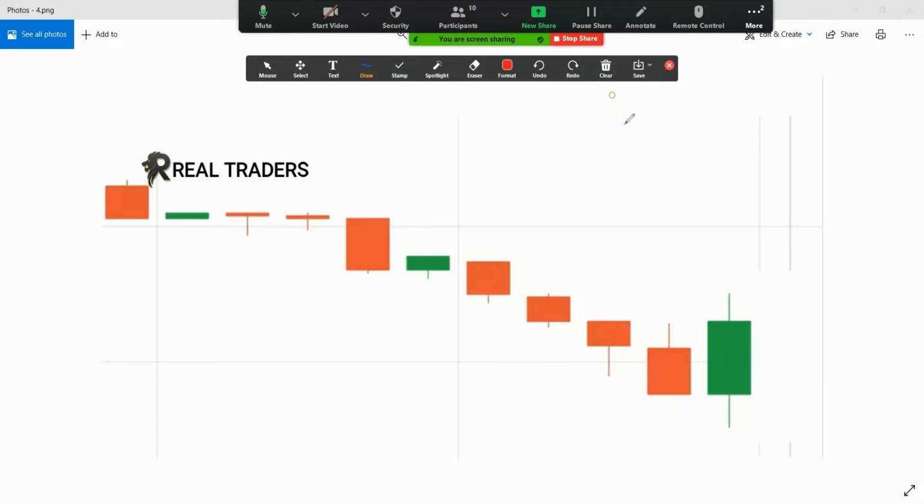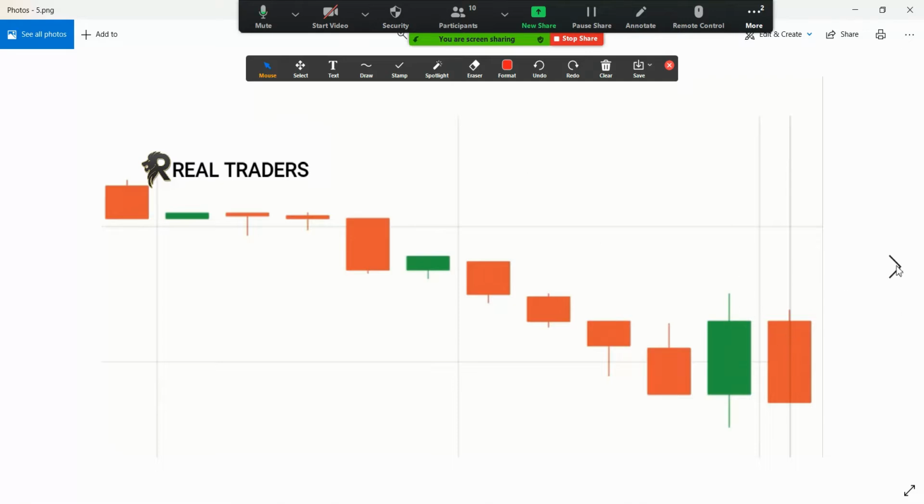The sellers are so strong, and at least a weak retracement candle we can expect here. So after this candle, mostly the sellers will enter, at least for one candle, at least for 1 minute. So here we cannot expect a bullish candle and go with the buyers. Mostly the sellers will enter here. Let me show you. And you can see there is a seller's entry.